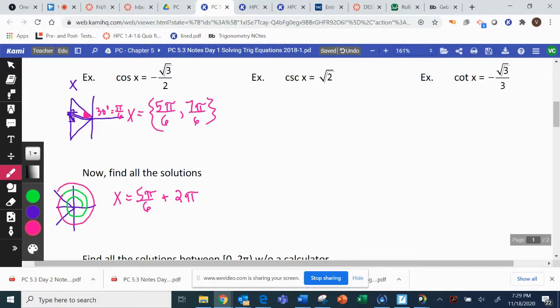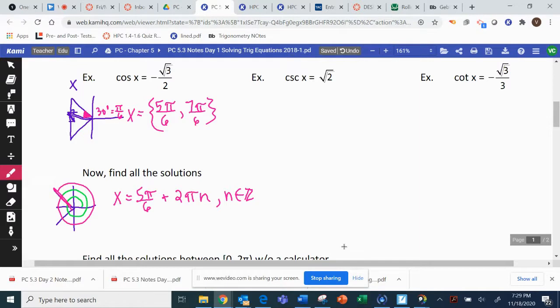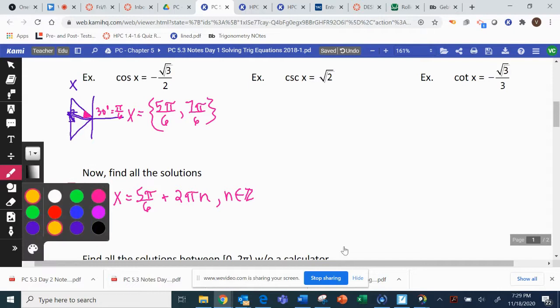So we're going to do what we did in chapter 4 with the asymptotes. We're going to add a variable. This time let's use an n, and n has to be an integer. So now that takes care of this one. But we also have the third quadrant answer, and I will have to write that one as a separate answer.